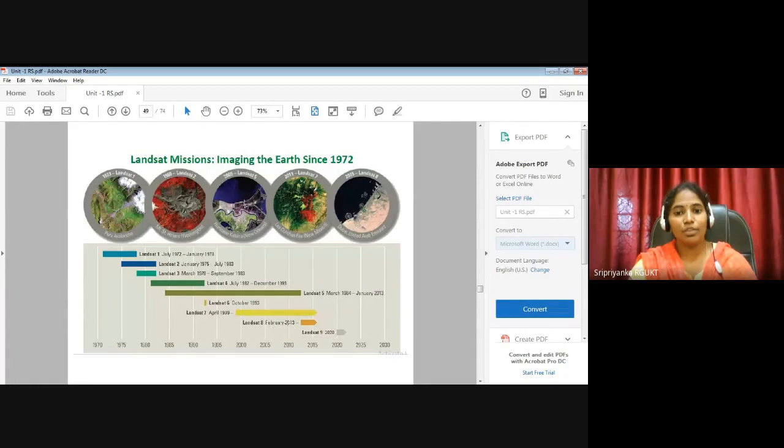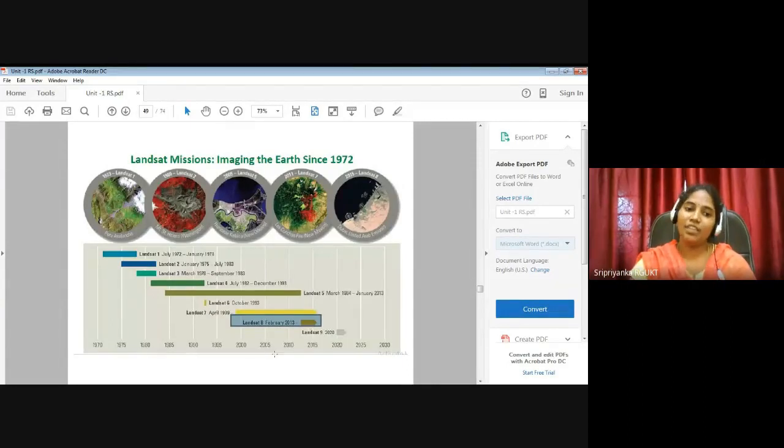Landsat 8, from February 2013, is the latest one from which you can get so much freely available data. All are free. You can download all of the Landsat data from 1972 to 2019 till date.